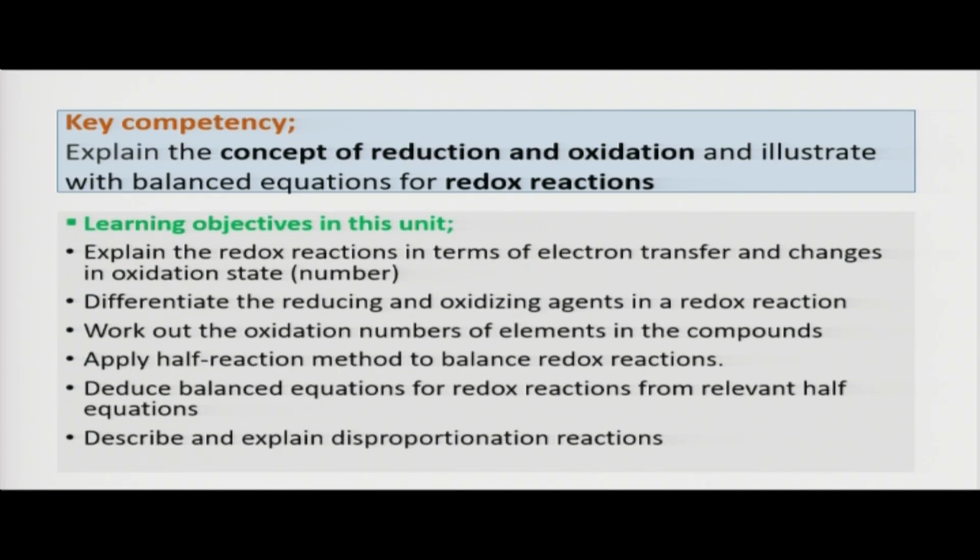And with that as the key competence, we have objectives, quite a lot, because this unit is quite wide.